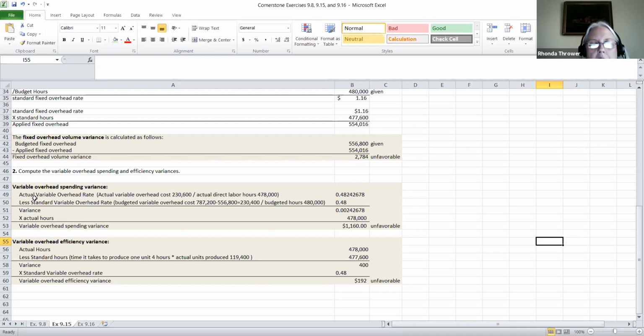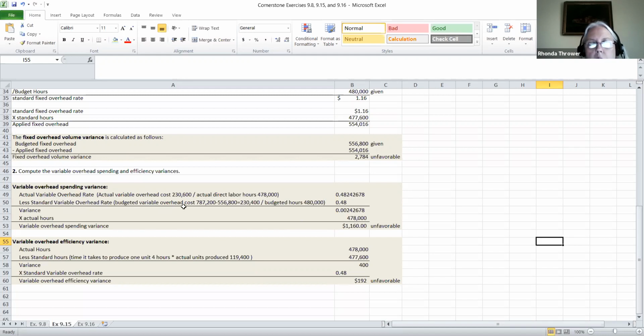So again, find your actual variable overhead rate. You have to determine that in this problem. It was not given. Then you're going to have to also determine your standard variable overhead rate. It was not given. The standard variable overhead rate is based on budgeted amounts.